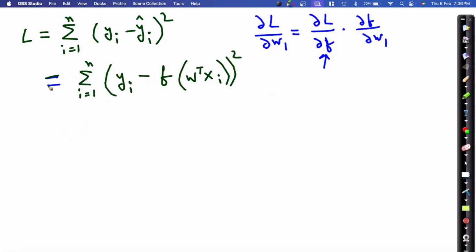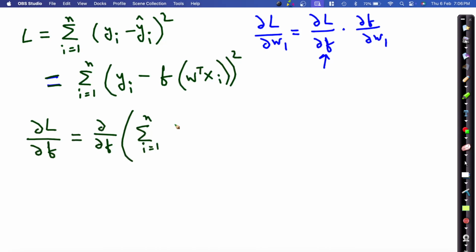Now how can you find the derivative? See, dou L by dou f. I'll break it down in a very easy manner. Now, what is L? L is nothing but the summation from i equals 1 to n of yi minus f of w transpose xi, whole square.